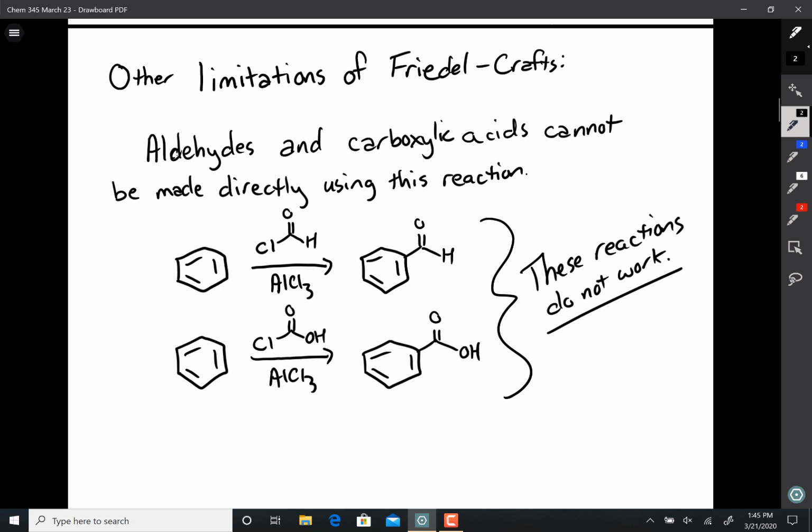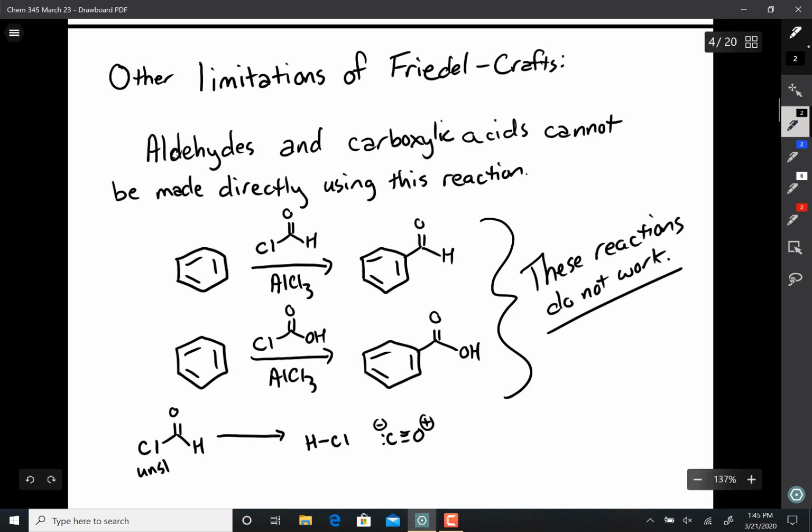For the same reason we can't go horseback riding on a unicorn. Unicorns don't exist. Formyl chloride does not exist at a reasonable temperature. Formyl chloride above minus 40 degrees or so becomes carbon monoxide and HCl.